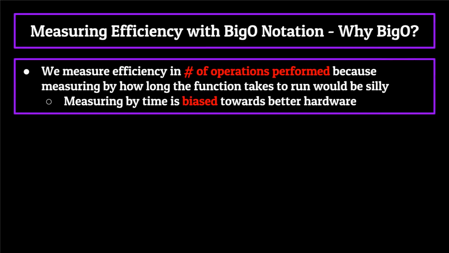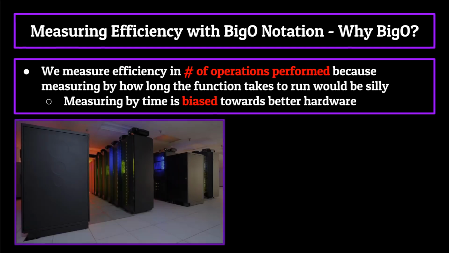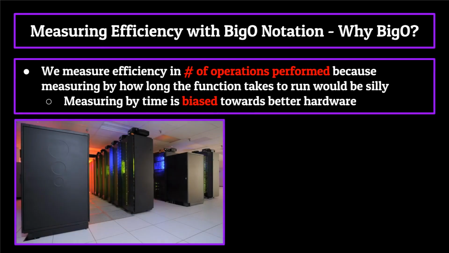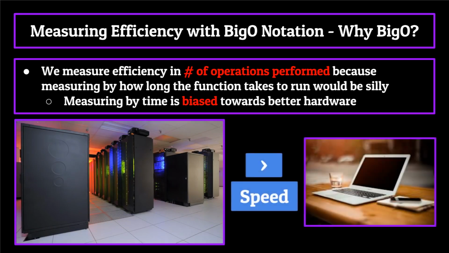Now we score these 4 functionalities in number of operations performed because measuring by how long the function takes to run would be silly. If we measured by a metric such as time taken to completion, our results would be highly biased by the hardware used to run the function. A supercomputer used by Google is obviously going to be able to search through a data structure much faster than a laptop.